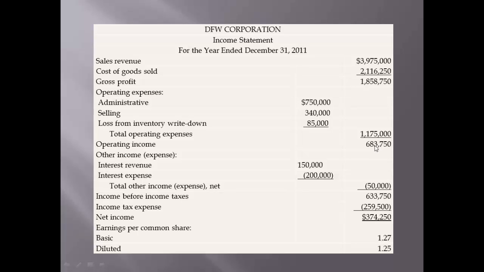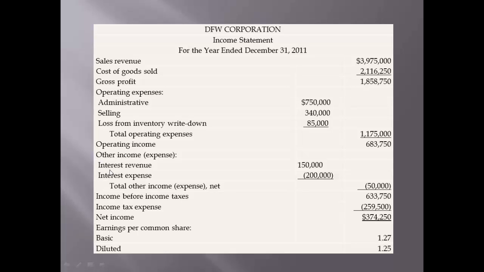Now, on the non-operating section, we have other income expenses, and under that we have interest revenue and interest expense. Now, these are non-operating because the interest revenue relates to interest from investments, for example. Interest expense relates to an expense incurred as a result of financing.